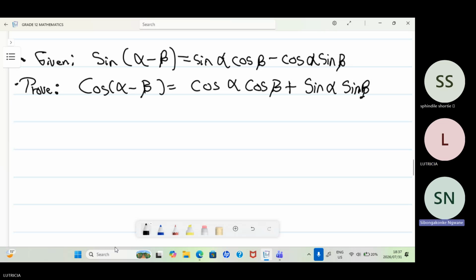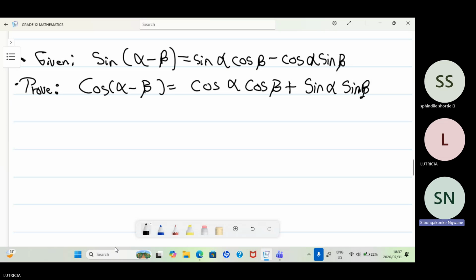Look at that first solution. They are not proving that cos of theta plus alpha is equal to cos theta cos alpha minus sin theta sin alpha. They are basically showing us that if you substitute positive with negative, you get negative on one and positive on the other for cos, or something like that.